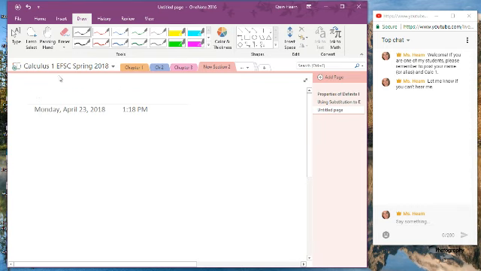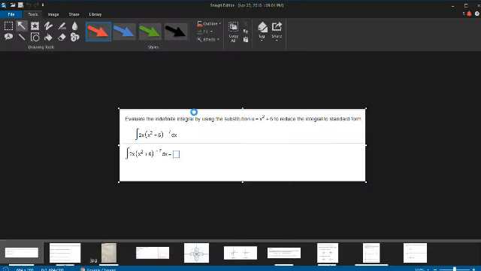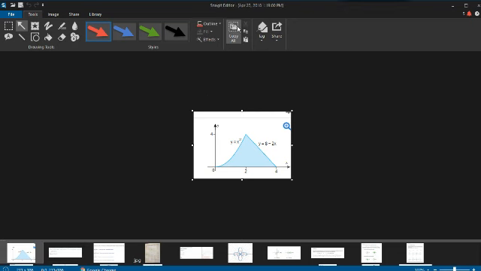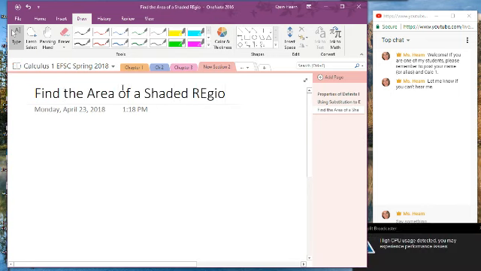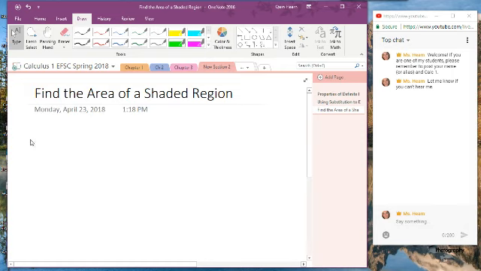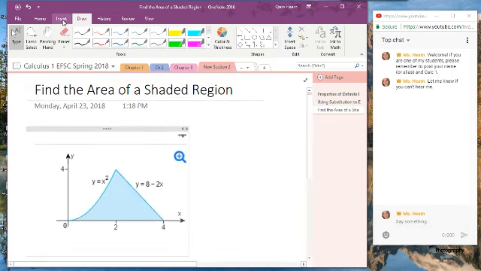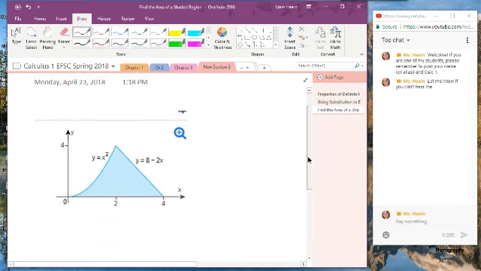Okay, for this one we're going to find the area of a shaded region. And this is what that region looks like that we're supposed to find the area for.